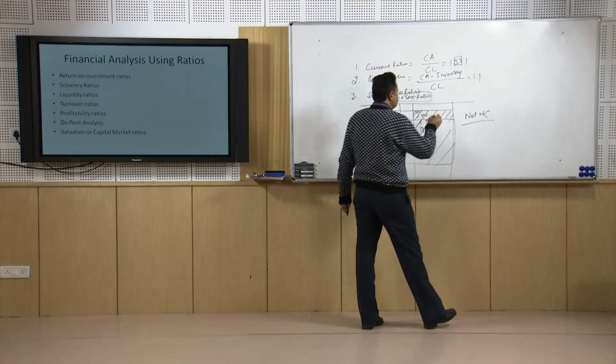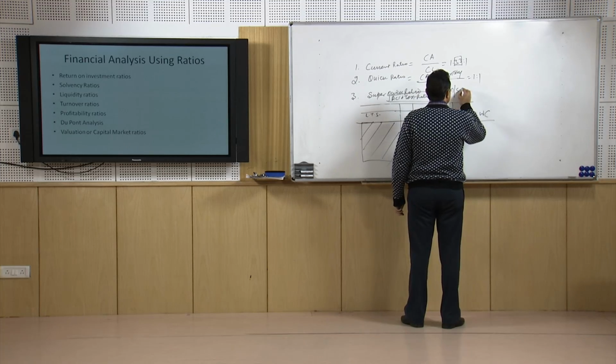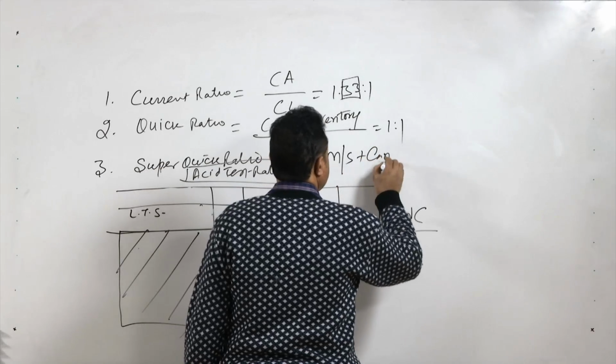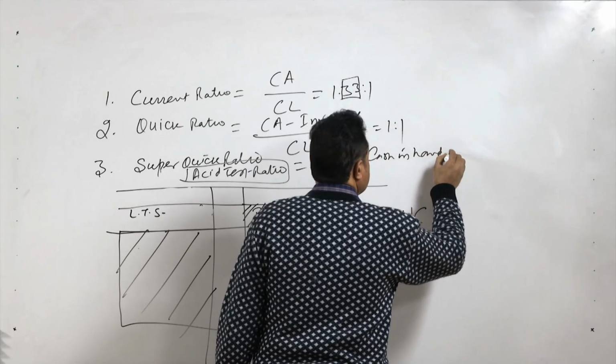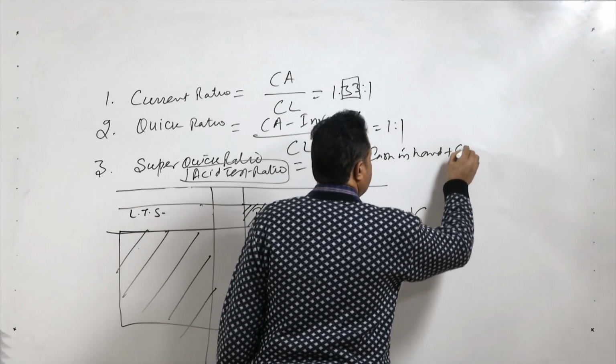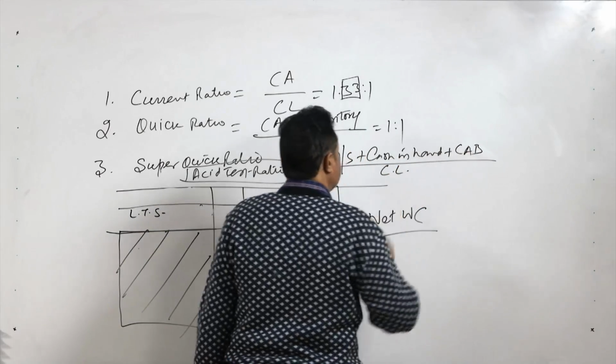For calculating this ratio, we take into account marketable securities plus cash in hand plus cash at bank, and the denominator remains the same, that is the current liabilities.